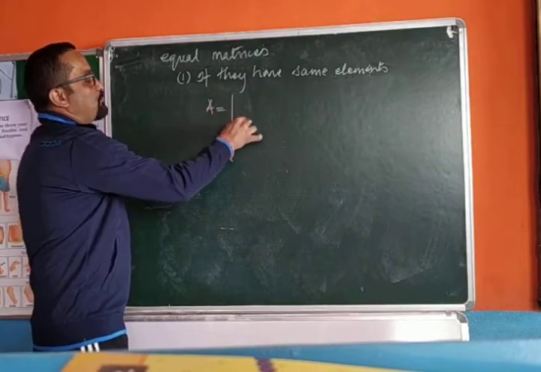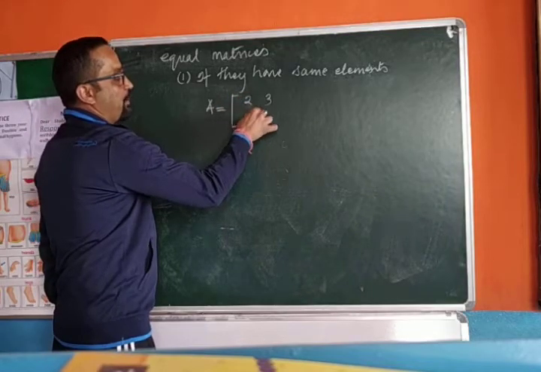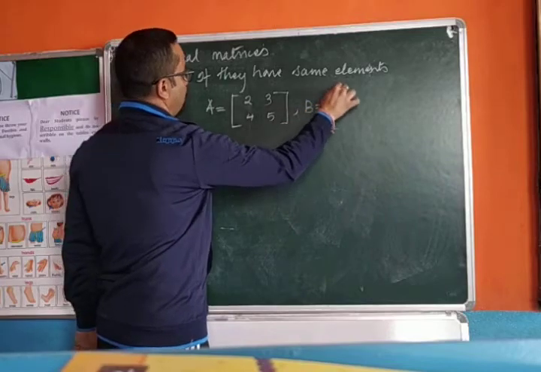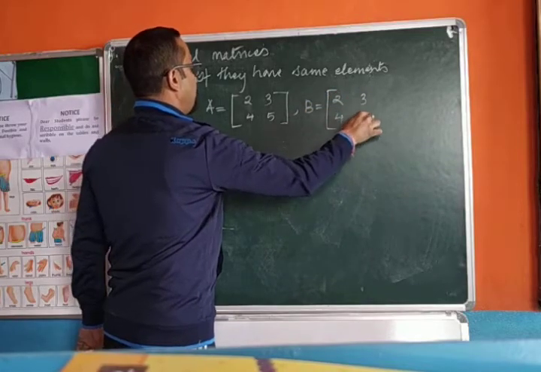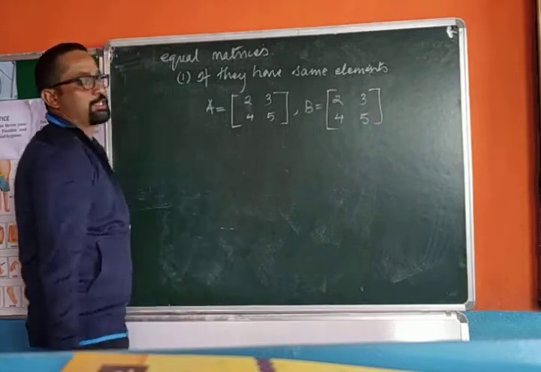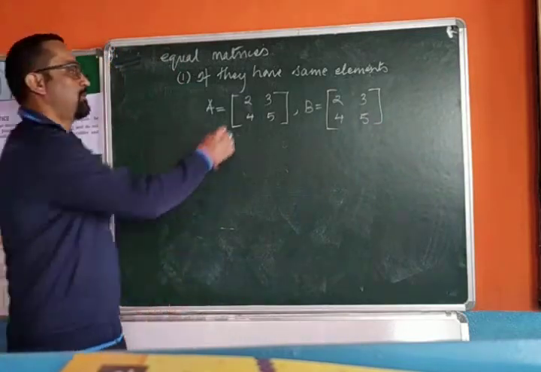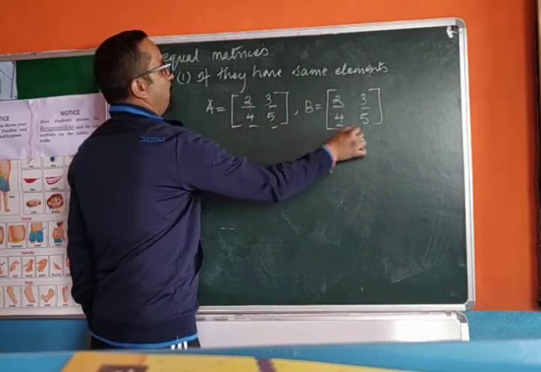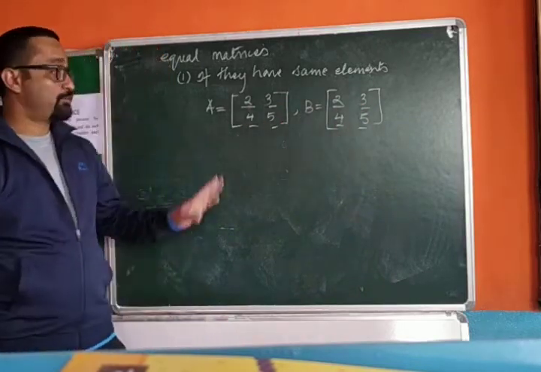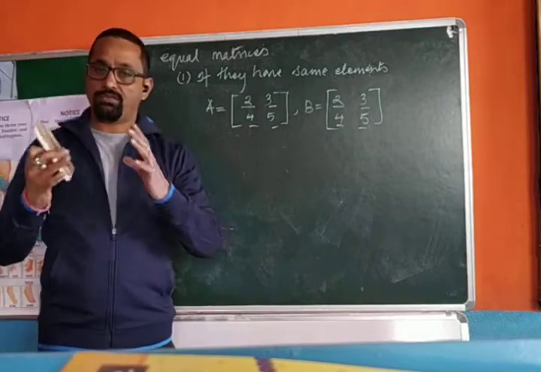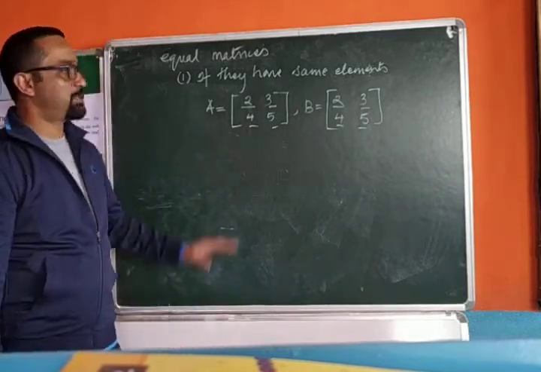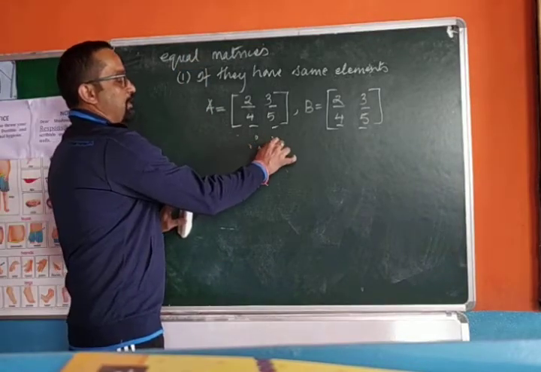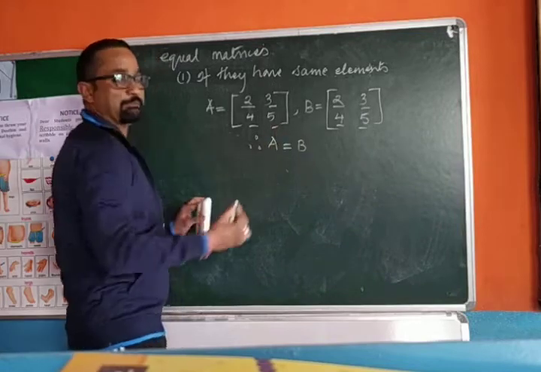Example, suppose you have matrix A: 2, 3, 4, 5. Another matrix B, again 2, 3, 4, 5. Look at these two given matrices. They have same elements, 2, 3, 4, 5. Whenever you have two matrices that contain the same elements, we consider they are equal. Therefore, matrix A is equal to B.